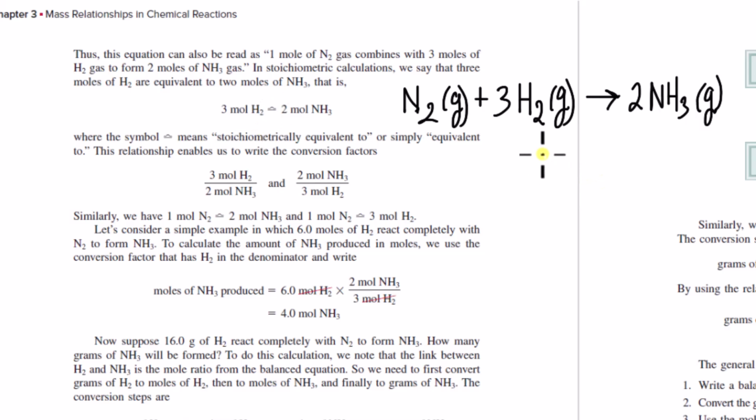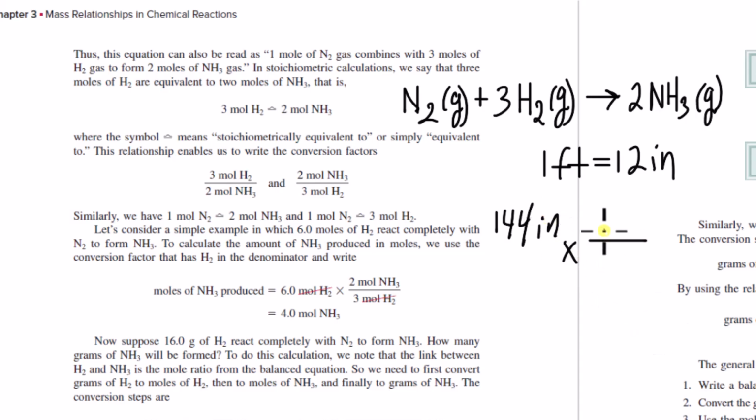So a conversion factor is, you say, 1 foot is equal to 12 inches. Now if you want to convert 144 inches to see how many feet that is, you'd use the conversion factor: there's 12 inches in 1 foot. You put inches in the denominator, so these will cancel, and you're left with feet. 144 divided by 12 feet.